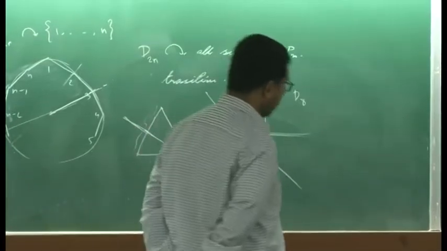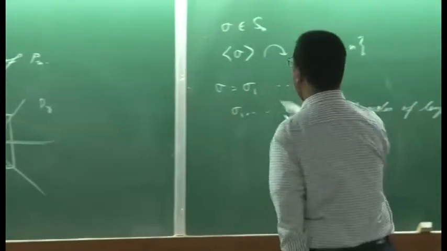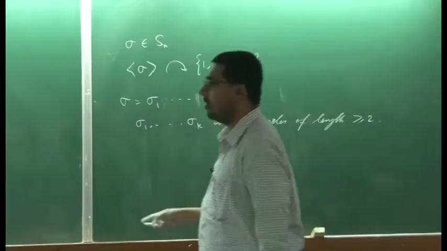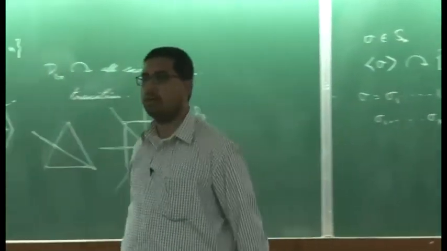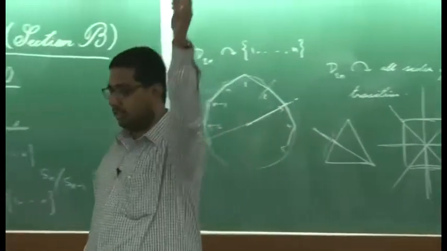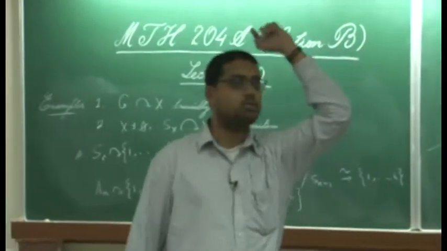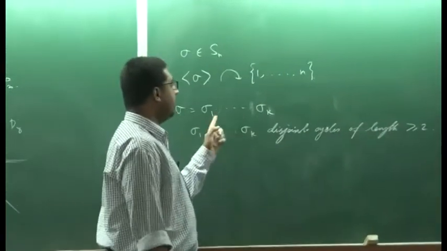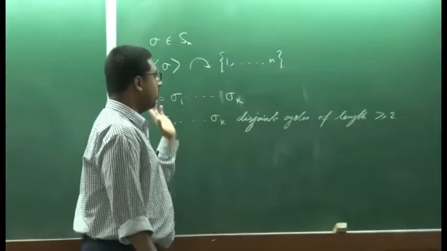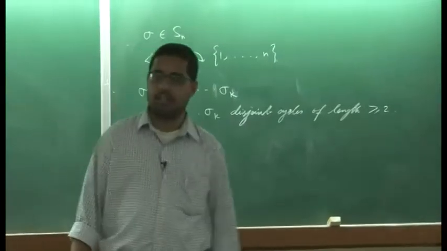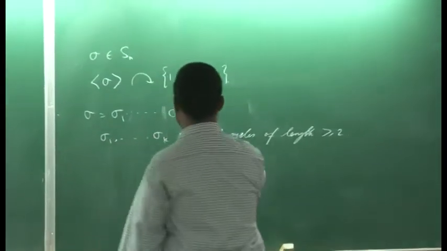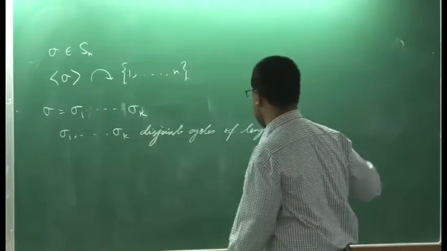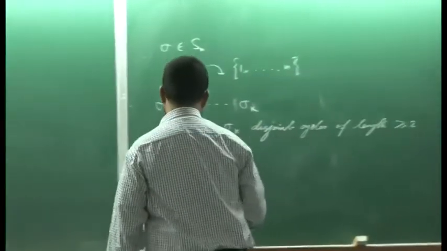Okay, so what I was talking about is, in the action of the subgroup generated by sigma on this set, we would like to know the orbits under this action, and the question was whether we can describe the orbits in terms of sigma. So, let sigma 1 up to sigma k be disjoint cycles whose product is sigma. We know that such sigma_i exist, and it is customary to remove the cycles with length 1. So, these are the disjoint cycles having length at least 2.